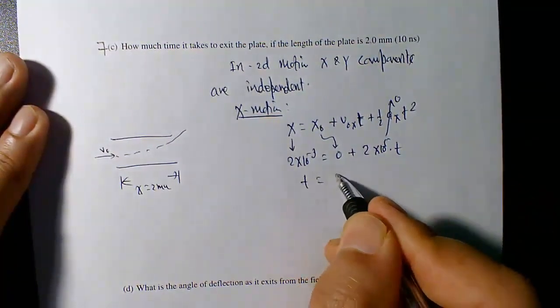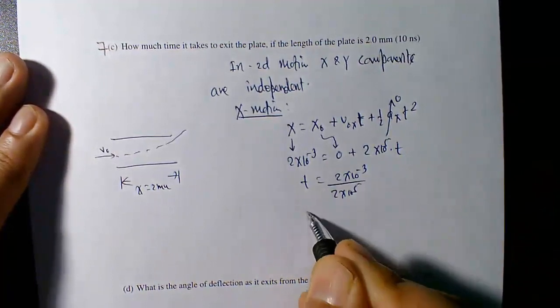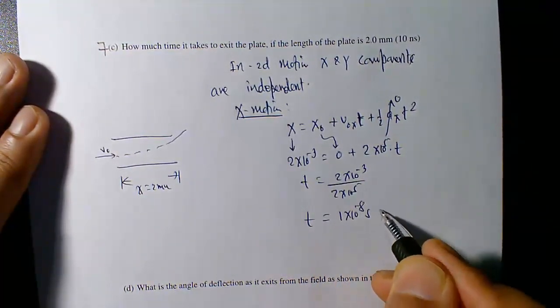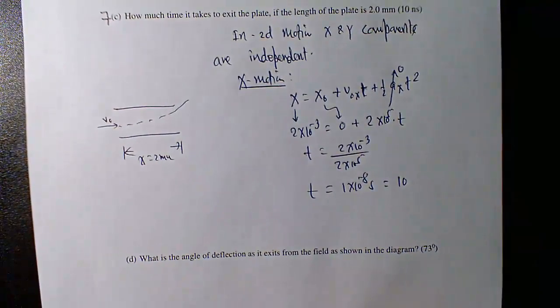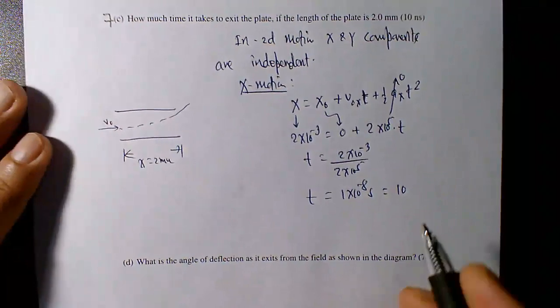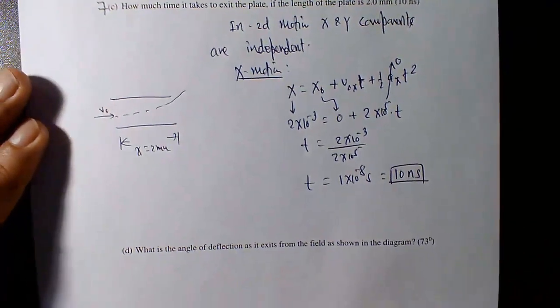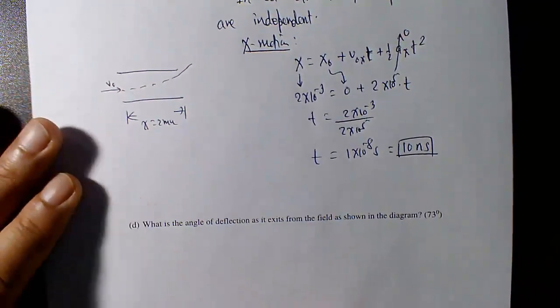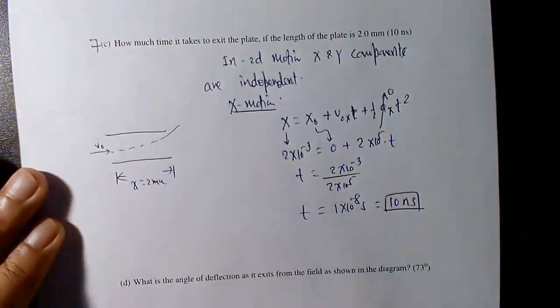So t is 2 millimeter divided by 2 times 10 to the power 5, which is 1 times 10 to the power -8 seconds, about 10 nanoseconds. That's the usual time for a charged particle. It takes very little time because it has very high acceleration. So it takes about 10 nanoseconds to cross the field.